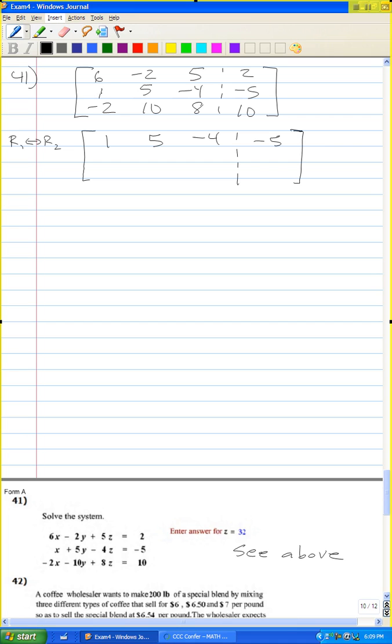I want to make this first term 0. So let's multiply the first row by -6. Add to the second row.